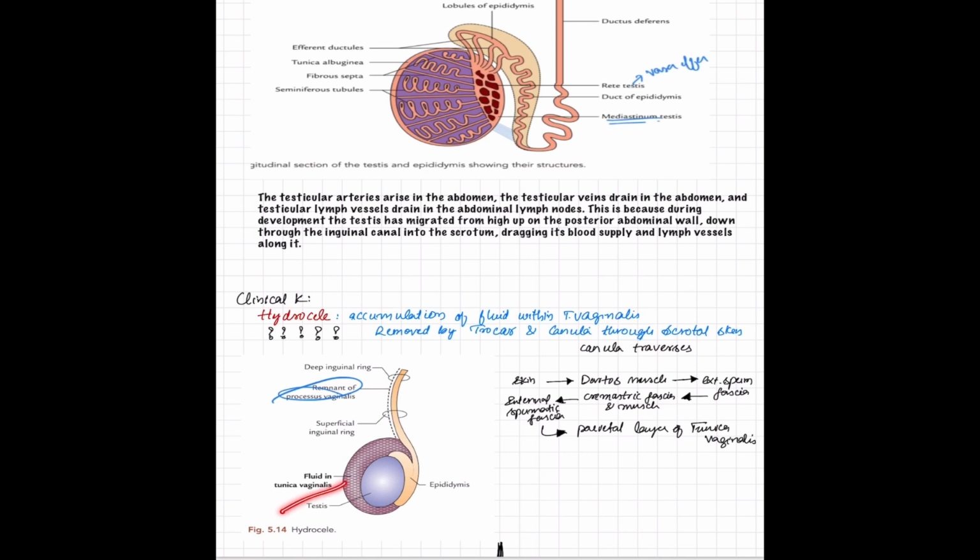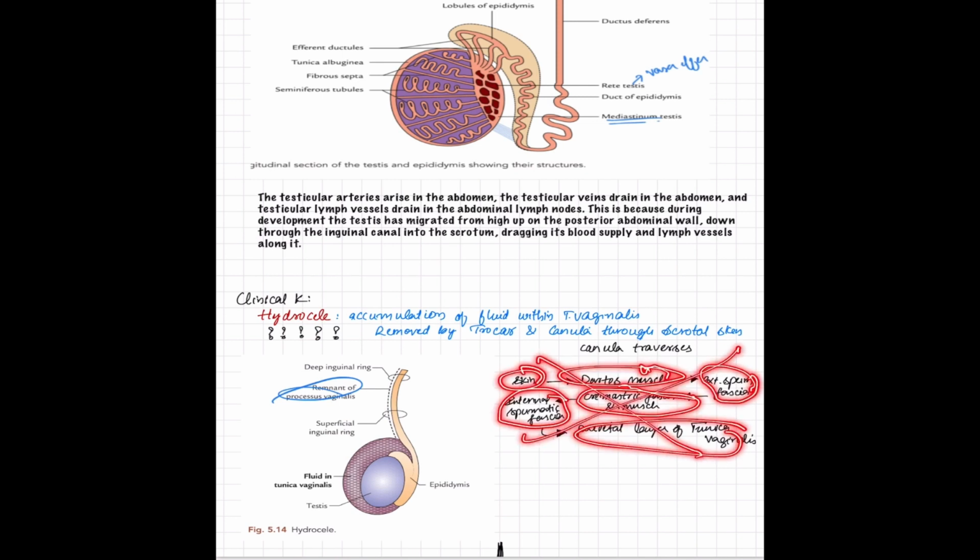We will learn here. First the outermost is the skin, then the dartos muscle, and then the external spermatic fascia, and the cremasteric fascia and muscle, the internal spermatic fascia, and the parietal layer.